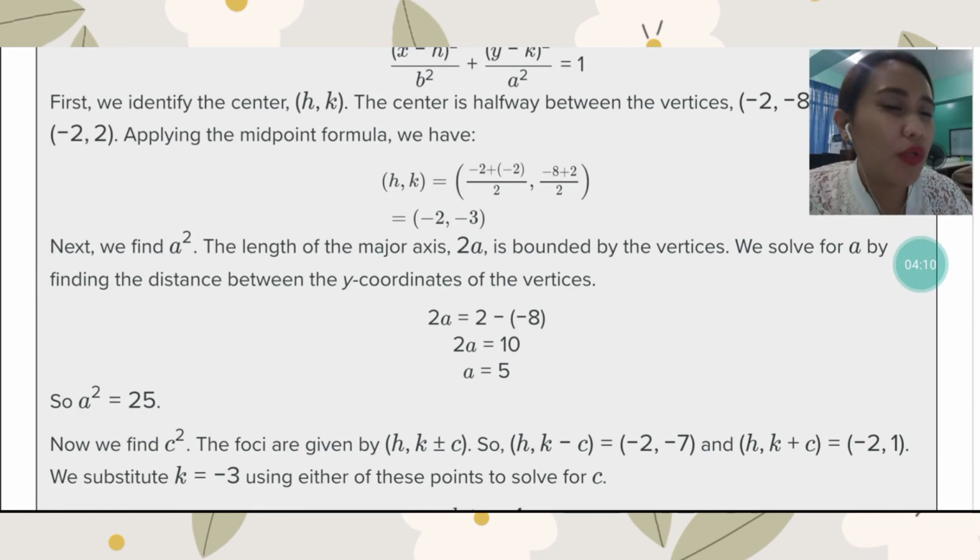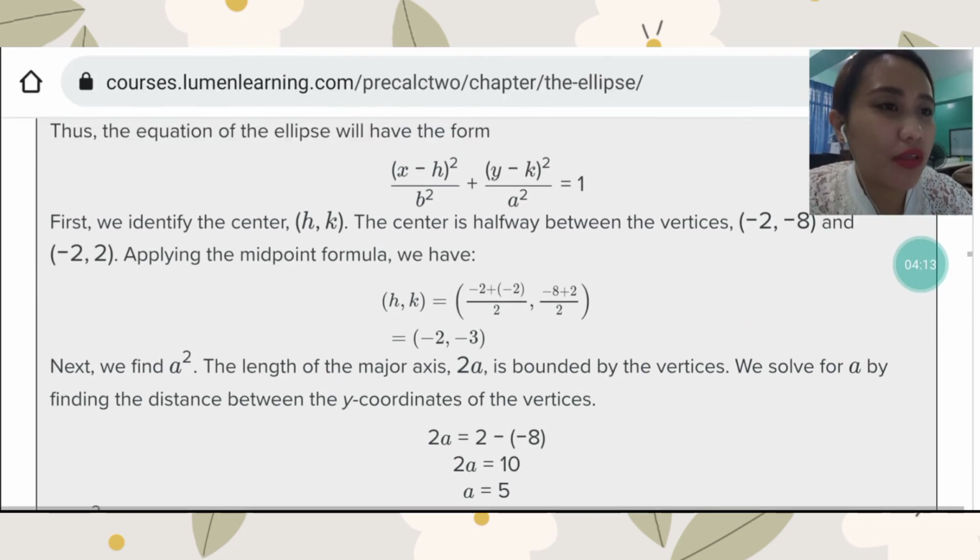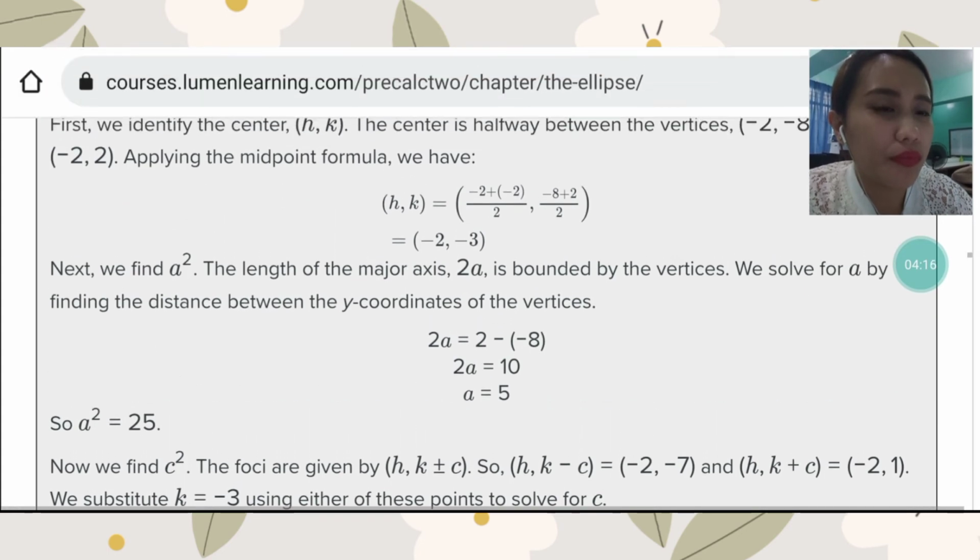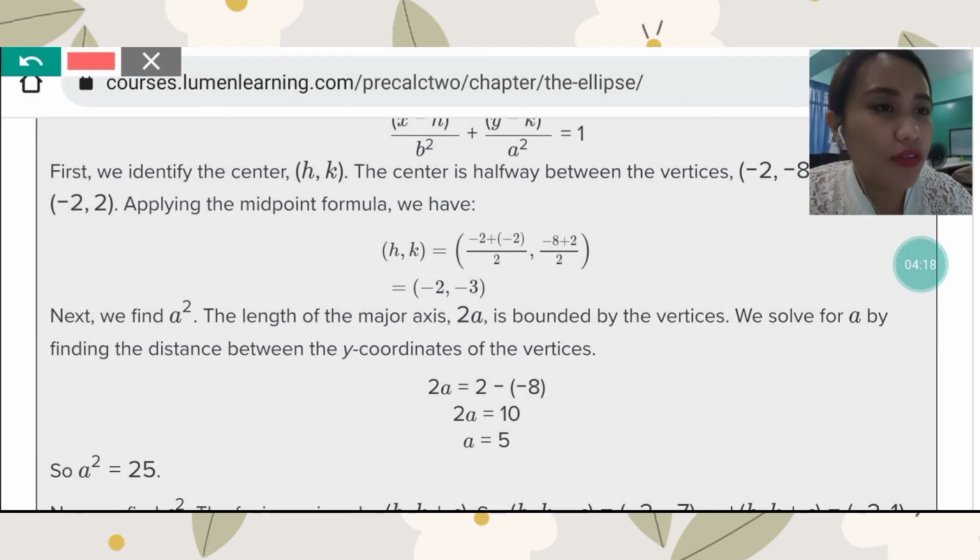If we try to illustrate that, if this is our y-axis, and that's the origin there, -8 is somewhere below here, and 2 is up here. So, in order to determine the length of the major axis, we need to solve for the distance between the two.